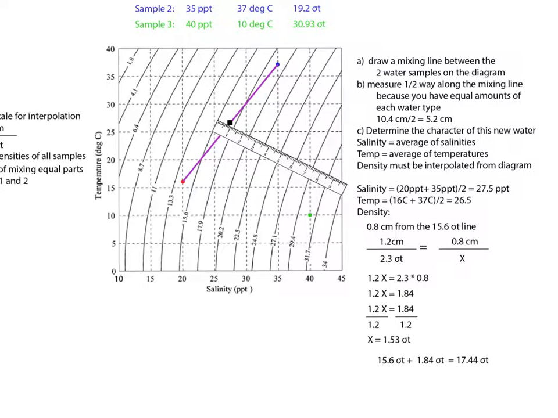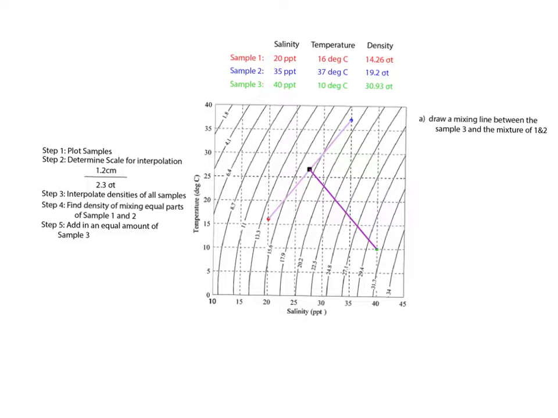Okay, so now I have a brand new sample, this black box sample. And the next step is that we're going to mix in our third type of water, once again 100 milliliters of this. So to get us started, once again, we're going to draw a mixing line between sample 3, the green dot, and the sample that was created by the mixture of 1 and 2.